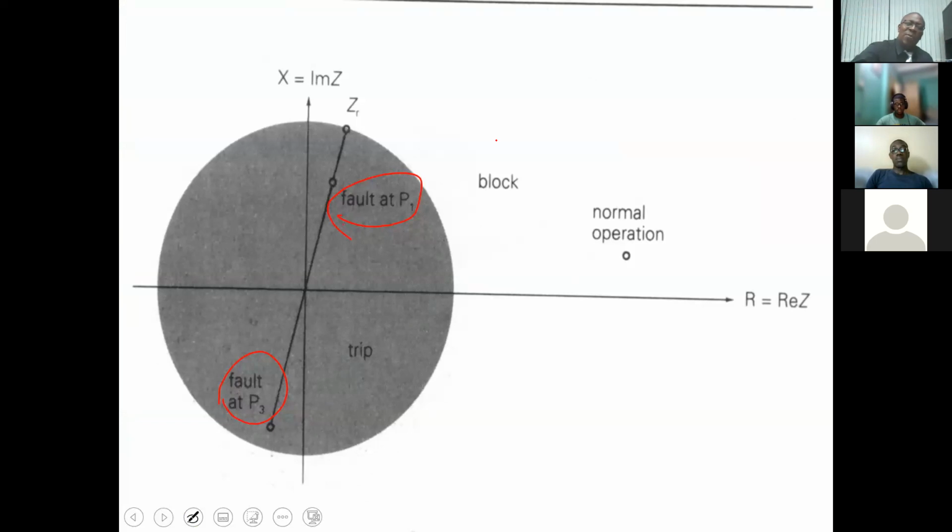But if we're just looking at the magnitude of the impedance, then that measured impedance can be anywhere relative to the point of the impedance relay. So the relay is at a particular bus. And remember, when we speak of the relay being at a particular bus, what that means in reality, students, is that the relay is in a substation.